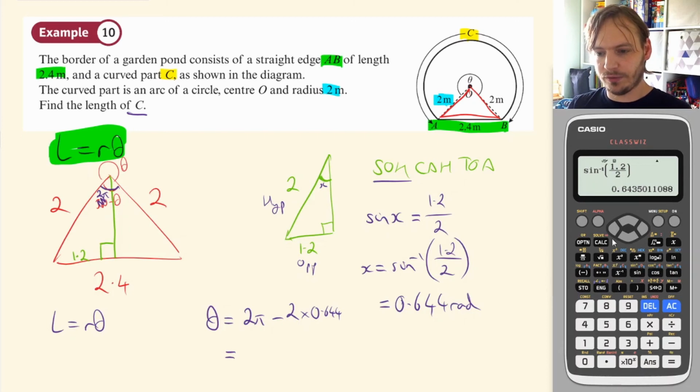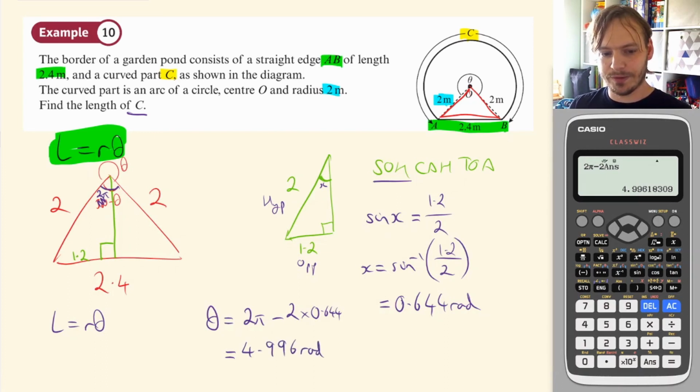I can do this all in the calculator, and it's more helpful to do the calculator because the calculator will keep the accurate decimal value. So I want to do 2 pi minus 2 lots of the answer equals, and I've got 4.996 radians.